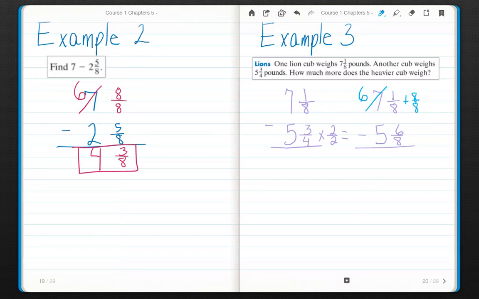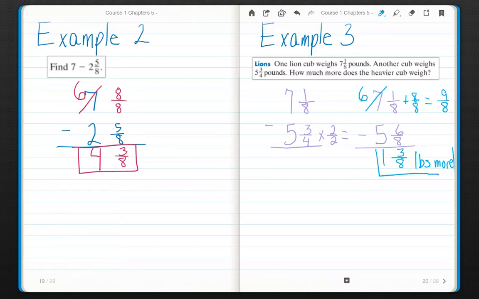I already had 1/8, so I have a total of 9/8 now. The 8 from the whole plus the one I already had. So 9/8 minus 6/8 leaves me with 3/8, and 6 minus 5 is 1. So the heavier cub weighs 1 3/8 pounds more.